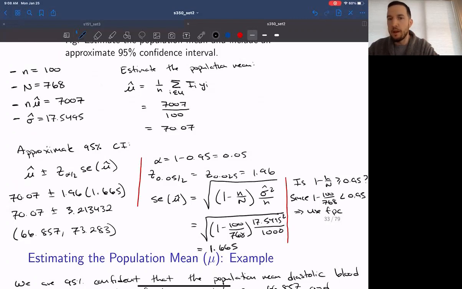So we have embedded within our standard error formula the finite population correction, which you can see, for example, right here on slide 33. This is our FPC. Each time we construct our confidence interval, we check whether the FPC is greater than or equal to 0.95. If it is, then we can ignore it, and if it is not, then we include it.